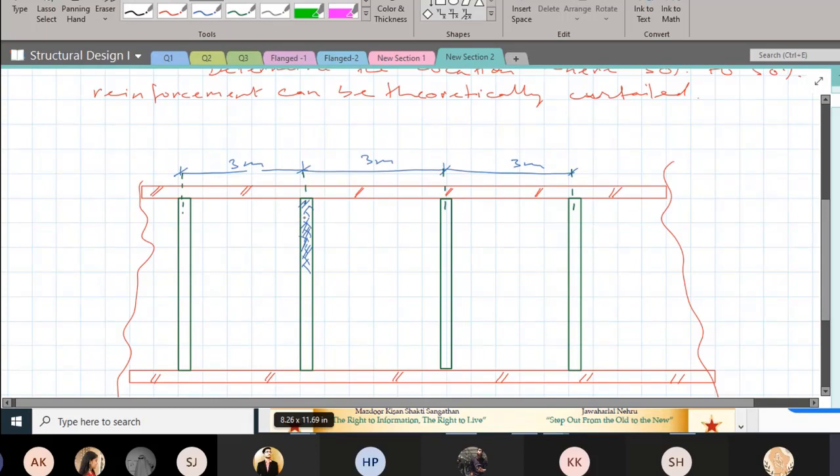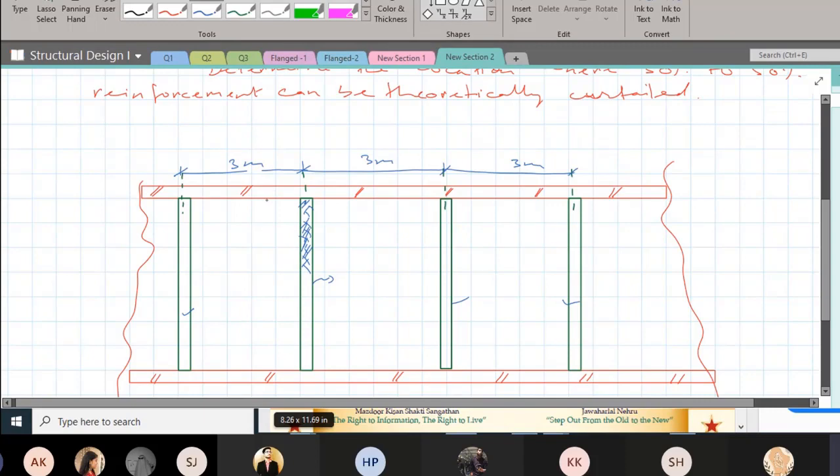Obviously this beam is going to have more load compared to the other beams, and if I can design this beam, I can give the same beam detailing to the other beams which support the slab spanning across this wall.